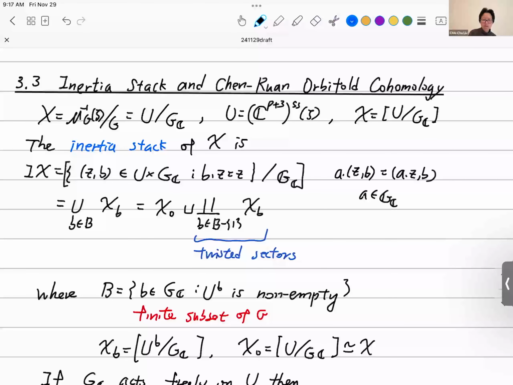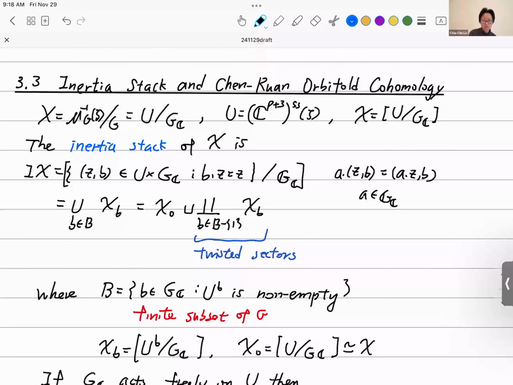In general it can have more, but it's still finite. So we can rewrite the inertia stack as a union of disconnected components indexed by the elements in B.